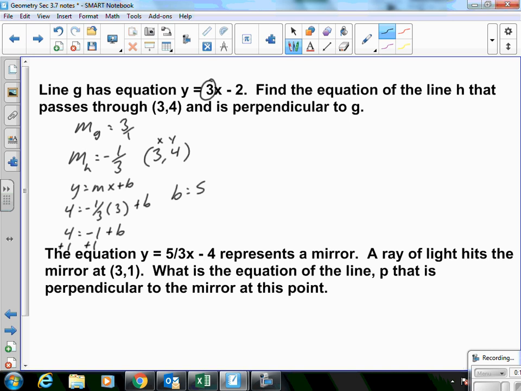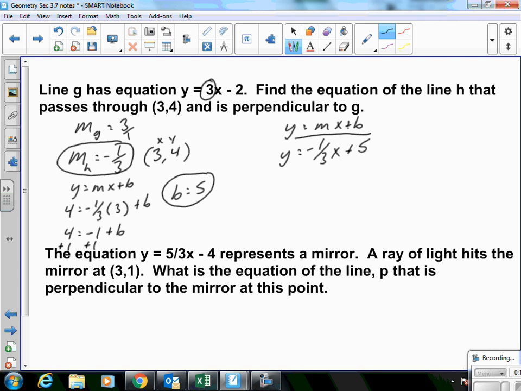So now we've got our b value and our slope that we're going to use to make our equation. It ends up in y equals mx plus b. So y equals m, which is negative 1/3, times x plus b, which is the 5.